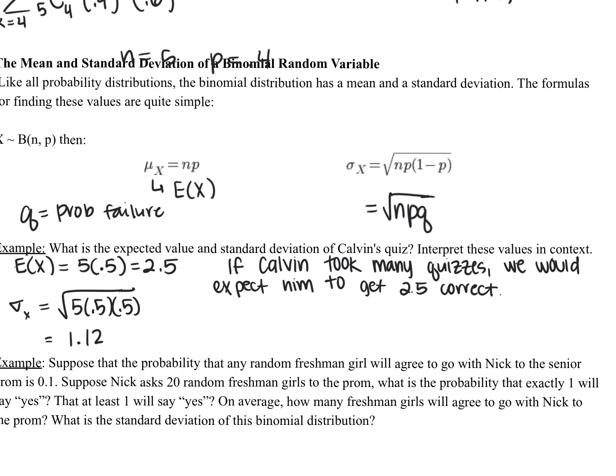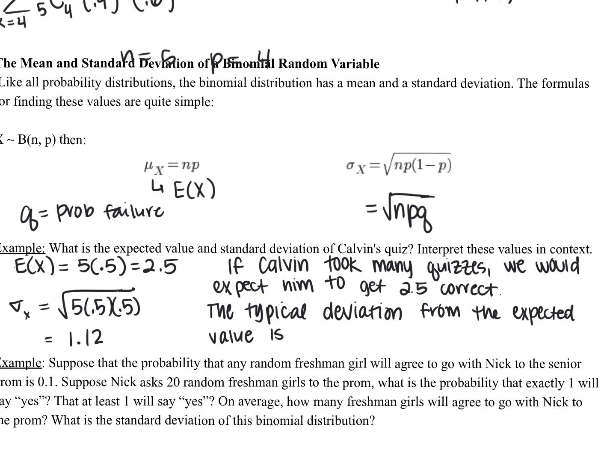Okay. Next is our standard deviation, which is the variation from our mean. So the typical deviation, because it's standard deviation, from the expected value is 1.12 questions correct.